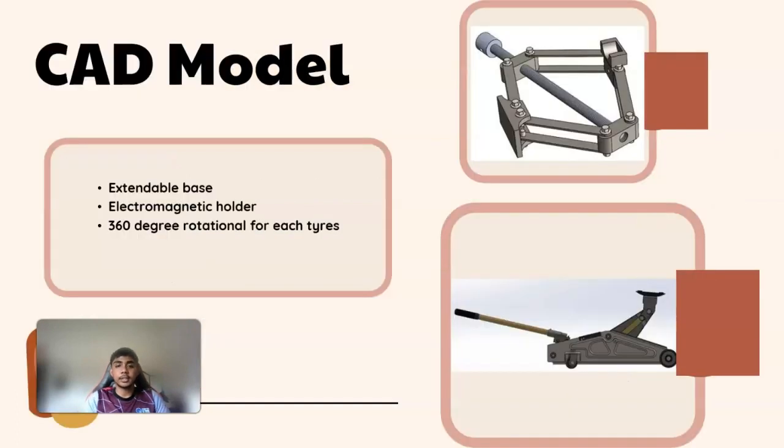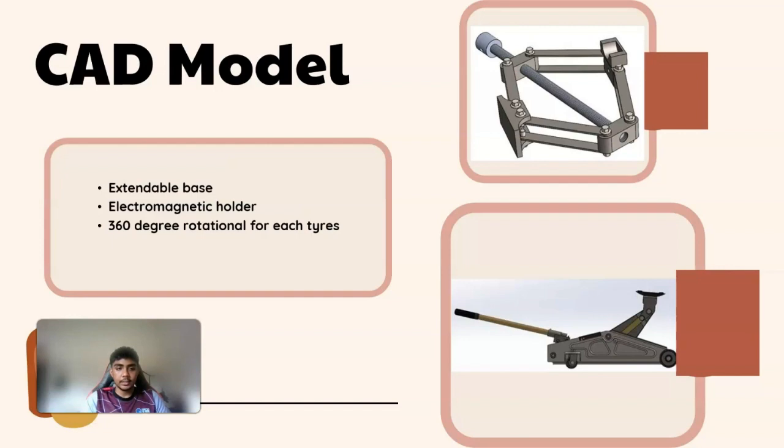Next is the CAD model for our product. There are a few factors that make our product different from others in the market. First, our product has an extendable base that can be adjusted to follow the size of the transmission.